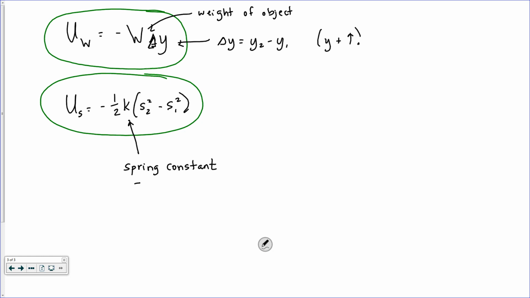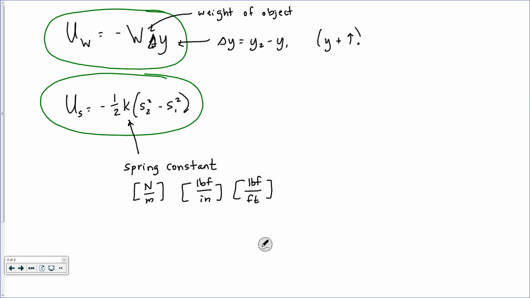It has units of things like newtons per meter, meaning how many newtons would you need to apply to that spring to elongate it 1 meter? It can also be written in pound force per inch, sometimes pound force per foot.